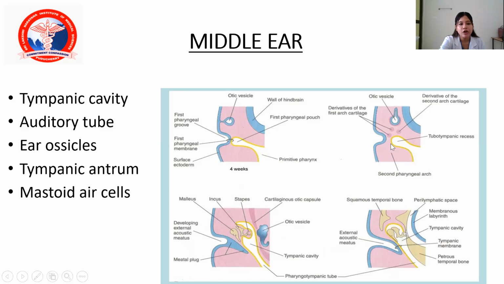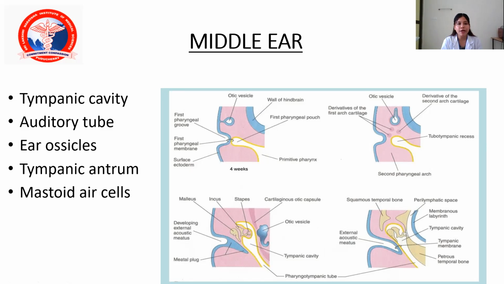The tubotympanic recess develops in a lateral direction, and as it develops laterally, it comes in contact with the first pharyngeal cleft, that is, the surface ectoderm.